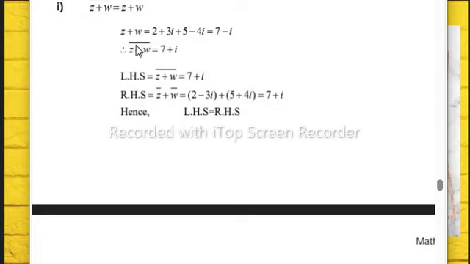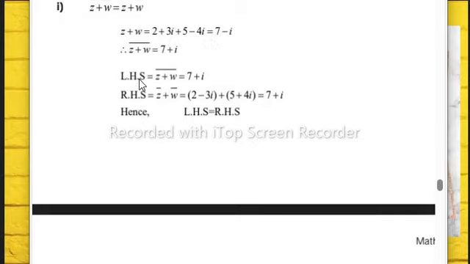Now in the next step we take the conjugate of 7 minus iota. In conjugate we change the sign of the imaginary part of the complex number, so we change minus iota into plus iota.